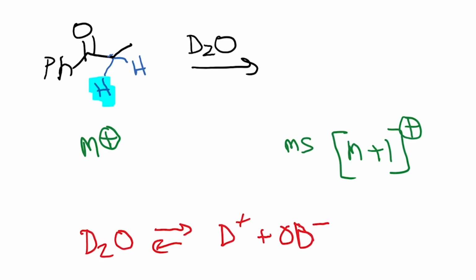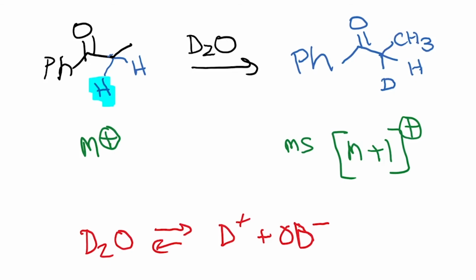Based on these two data points, we can propose that one of these protons is replaced by a deuterium. We'll look at the mechanism shortly, but this is one of the conclusions one could make from this experiment: when I add a ketone to D2O, I end up with a deuterated ketone as the product.